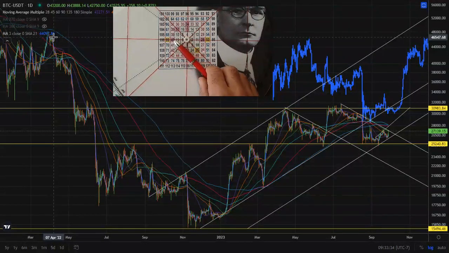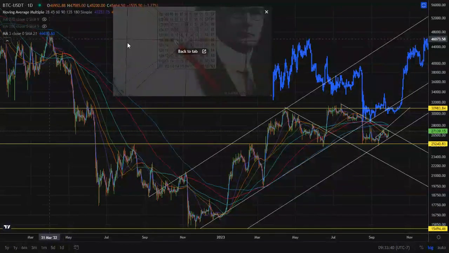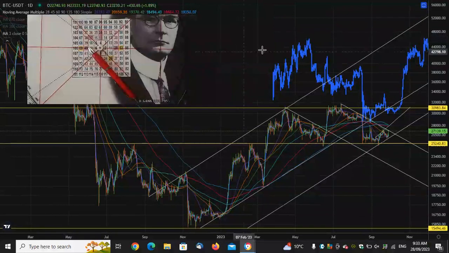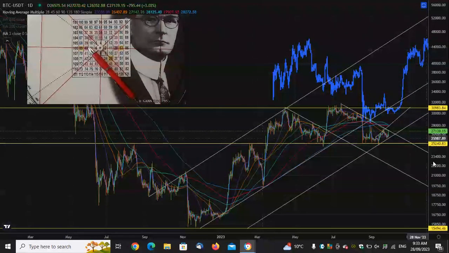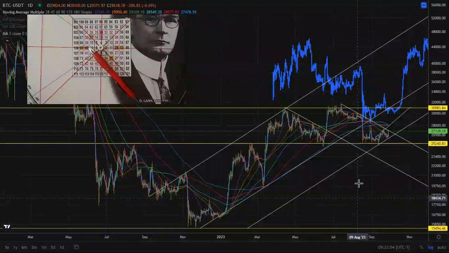So is that going to happen? Not necessarily, but we are watching all our signs. We're watching our indicators, and right now Bitcoin's starting to show some strength, and we are watching it like a hungry tiger.